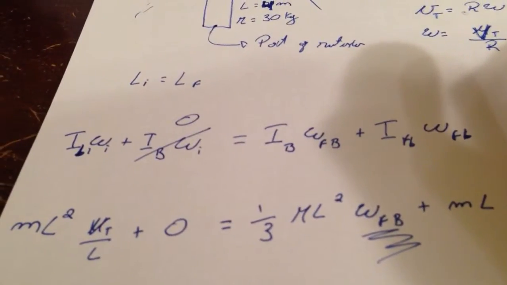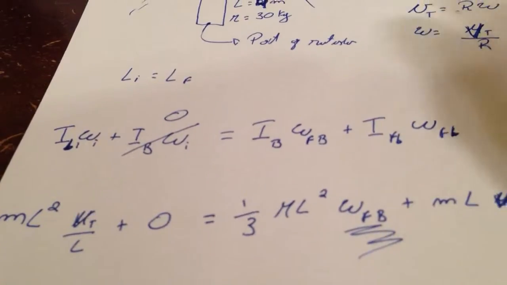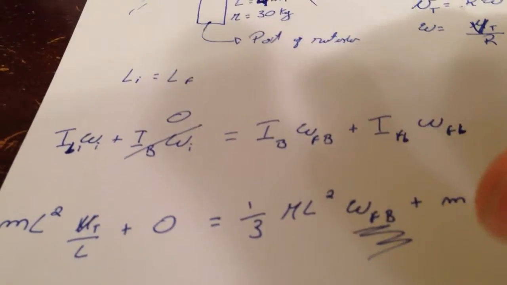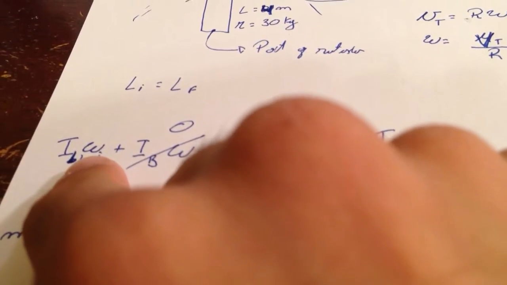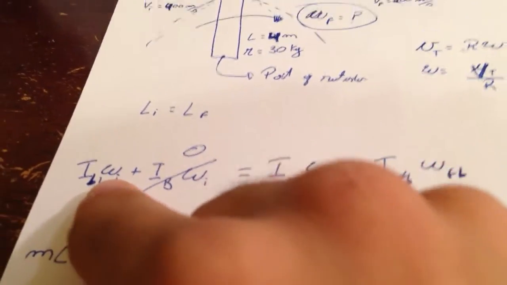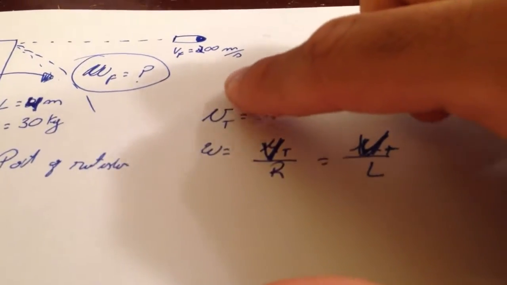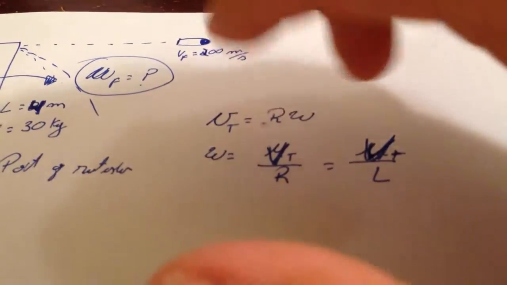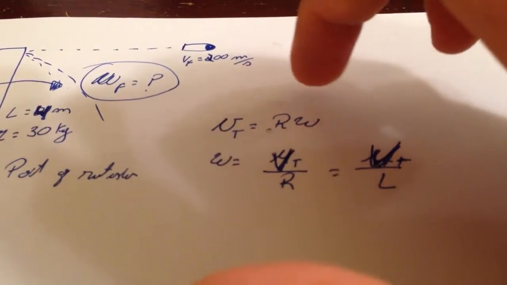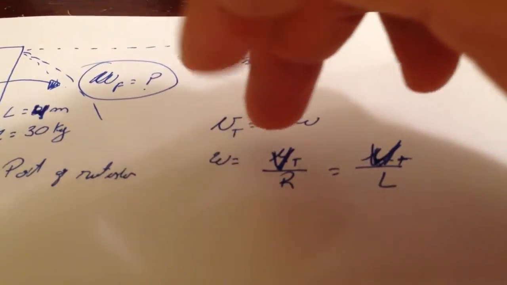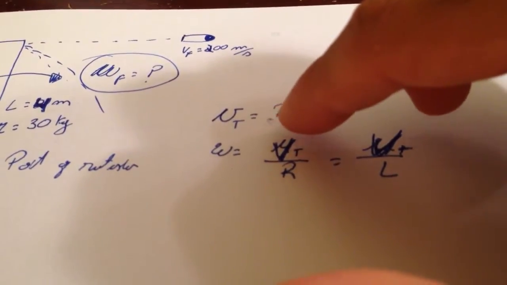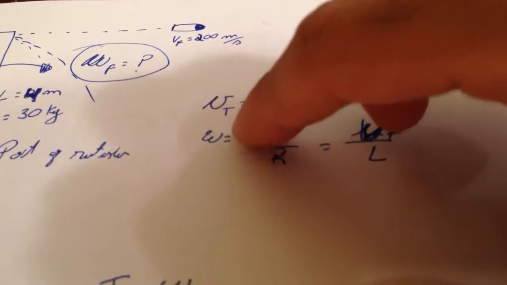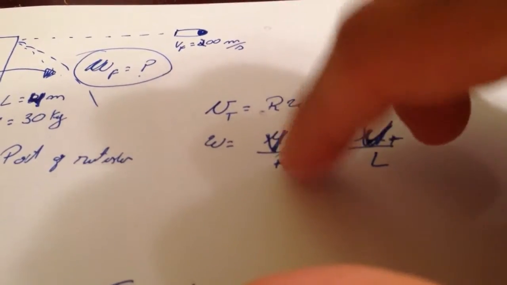Now to find angular momentum here, I know that the tangential velocity is equal to r times omega, and omega is equal to the tangential velocity divided by r, and r is equal to the length.